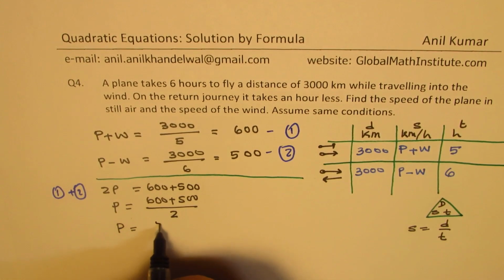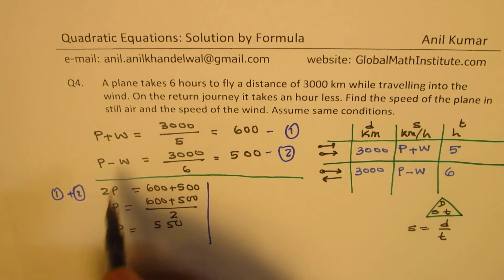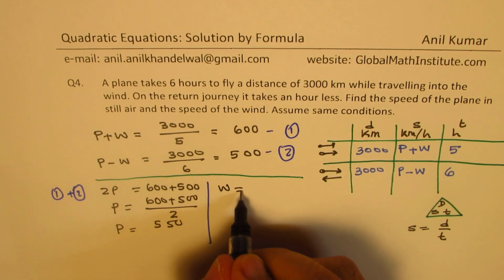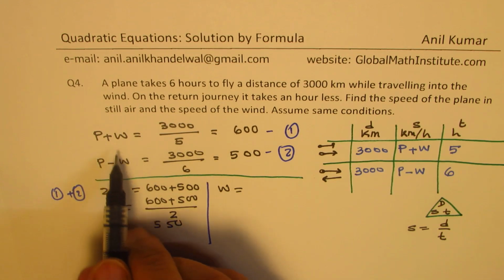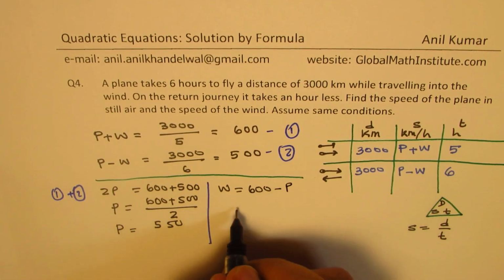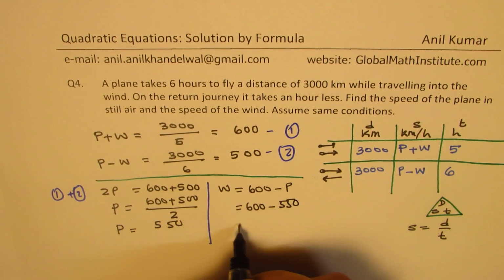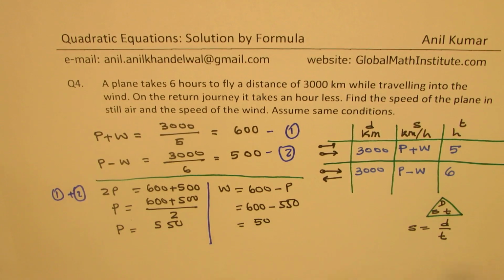Which is 550, okay? Average of these two. As far as the wind velocity or speed is concerned, you can use any one of these. So wind speed is 600 minus P. So it is 600 minus 550. So we get 50.